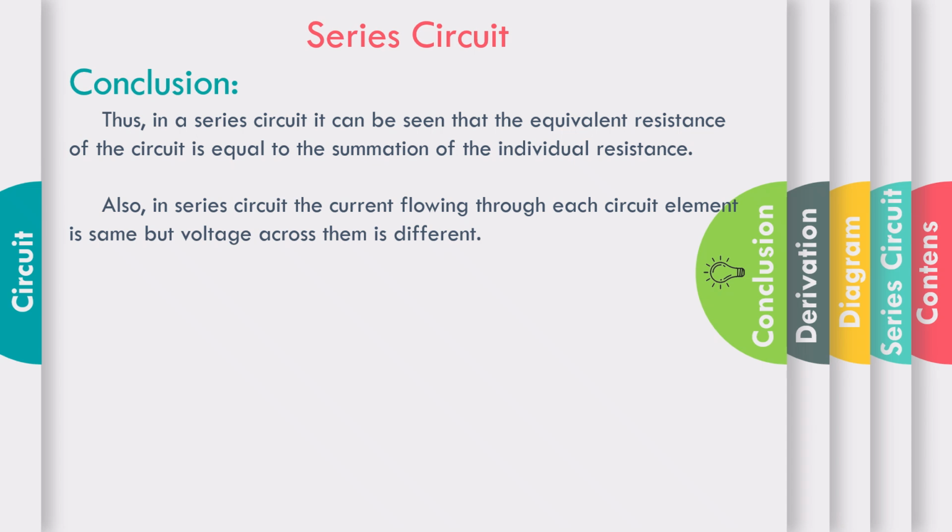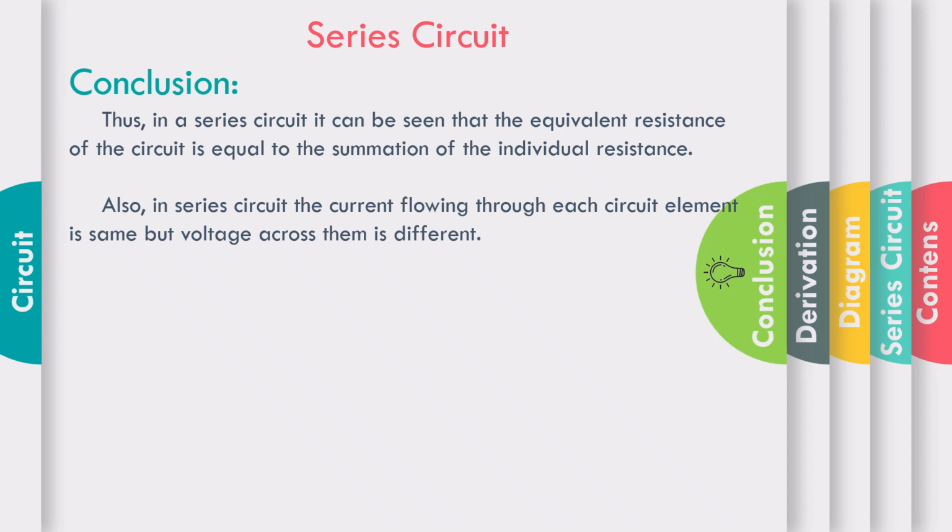Thus, in a series circuit, it can be observed that the equivalent resistance of the series circuit is equal to the summation of the individual resistances. Also, in a series circuit, current flowing through each element is the same, but the voltage across them will be different. Okay, these two conclusions are found in the series circuit.